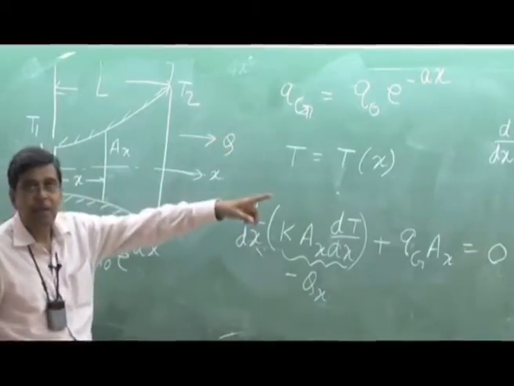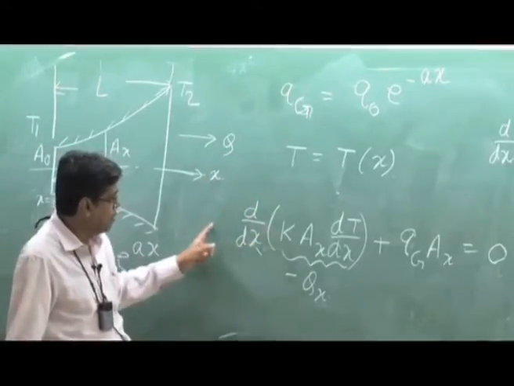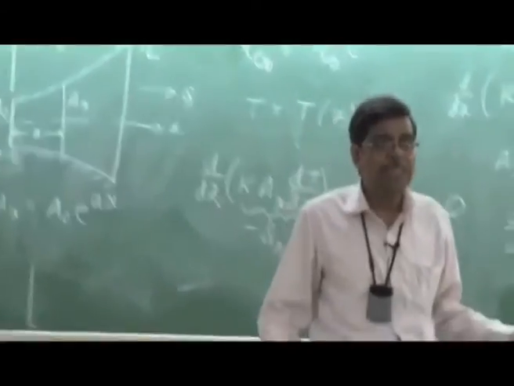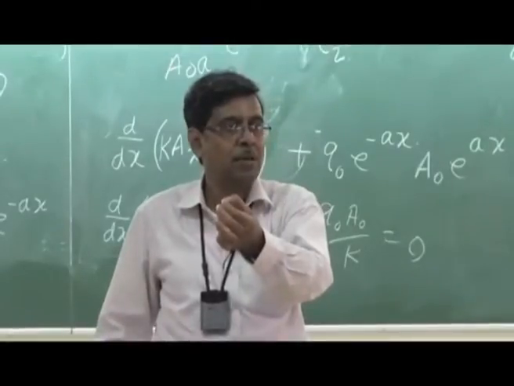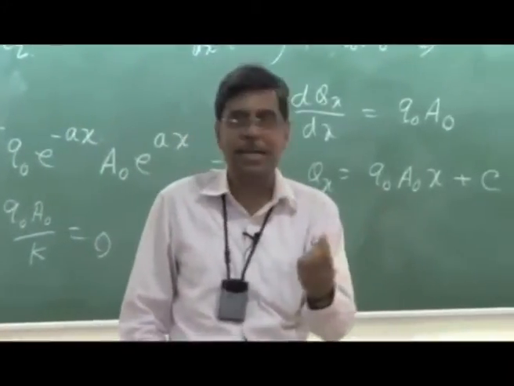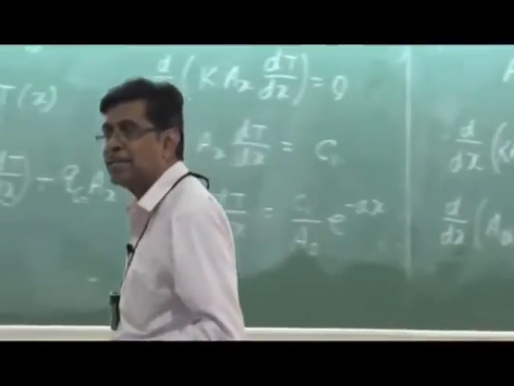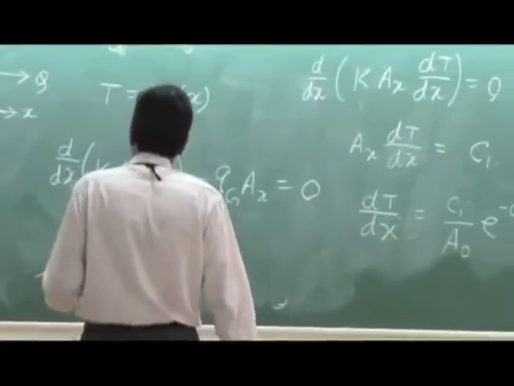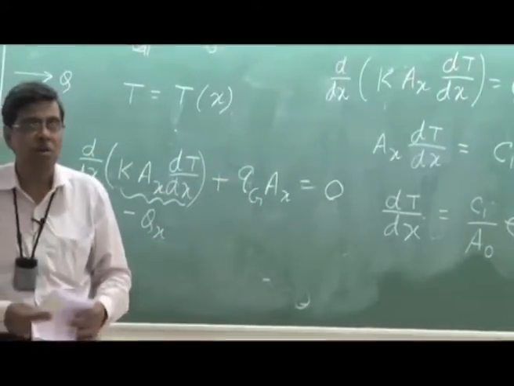If you have to find the heat flux distribution, you write d/dx of minus Qx, that means minus dQx/dx plus Qg Ax is 0, which is the first line after derivation. Qx plus del x is Qx plus Qg Ax times del x. Del x is cancelled because this is valid for any element of any del x. So del x vanishes and we get minus dQx/dx plus Qg Ax equals 0. Okay, clear?